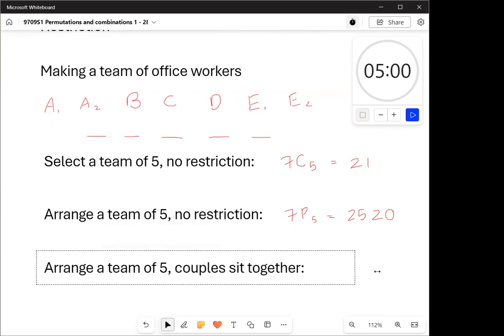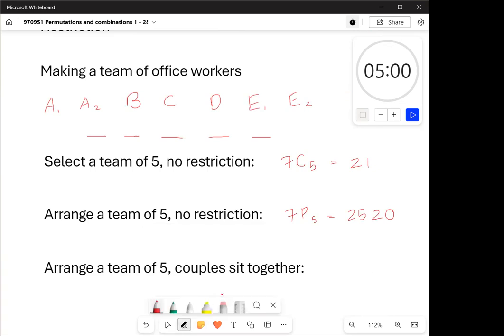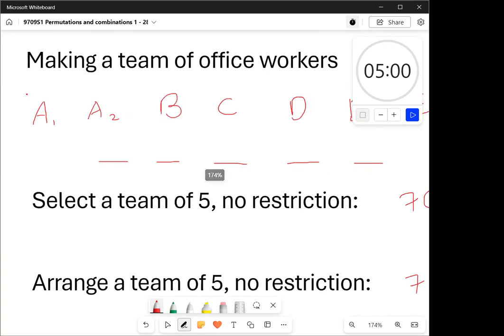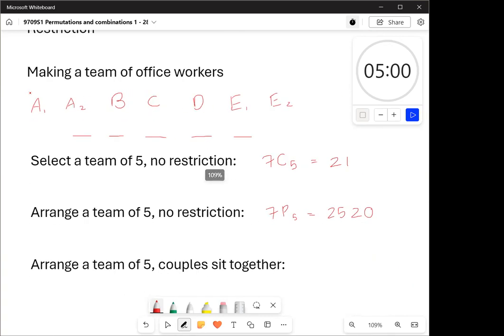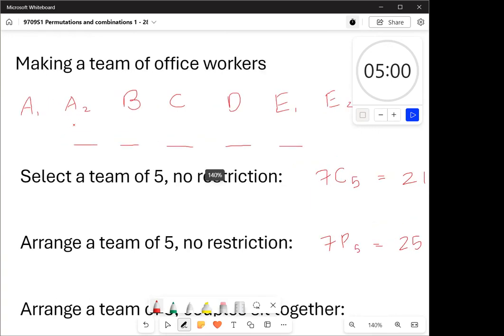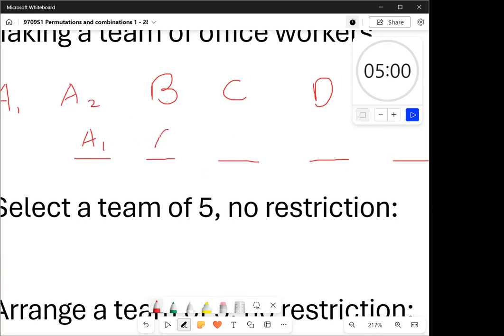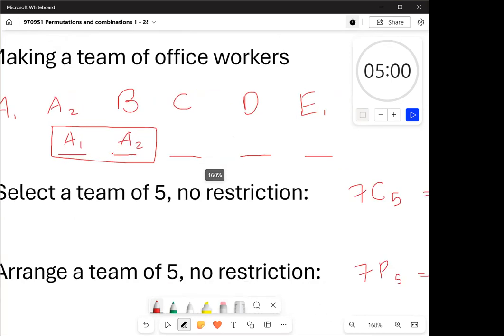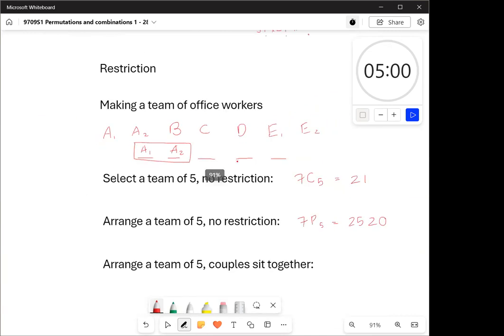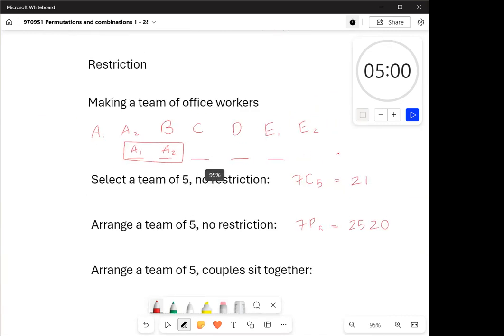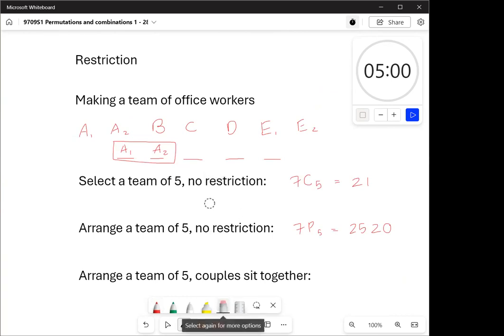Let's say A1, A2, then they are one single block, fixed. They sit together, okay? Right now we're not choosing. There's no selection.